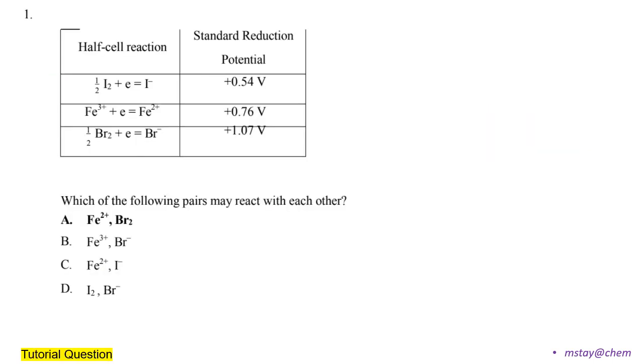Now let's continue with the objective question, where the question asks which of the following pairs may react with each other. If they can react with each other, it means the reaction happens, so the reaction is spontaneous.